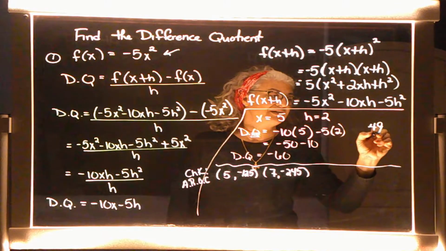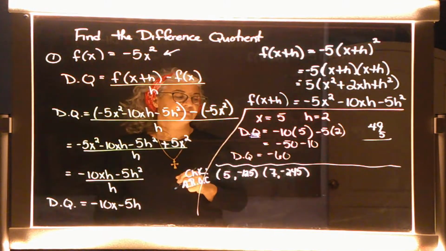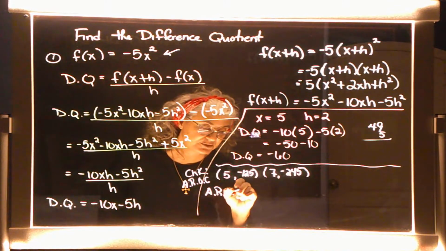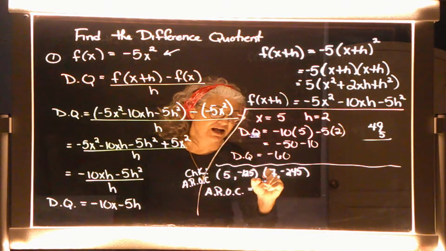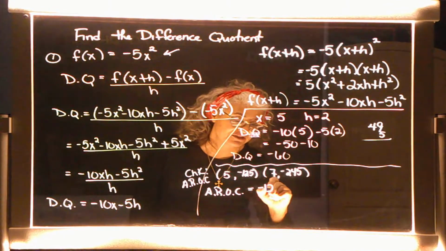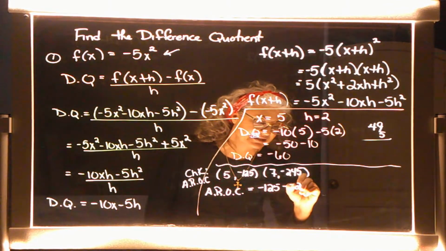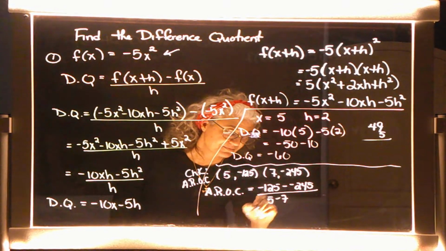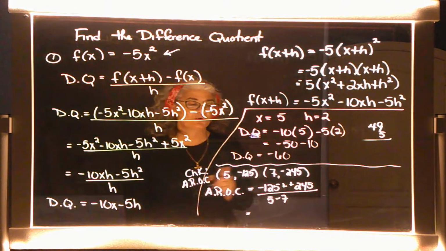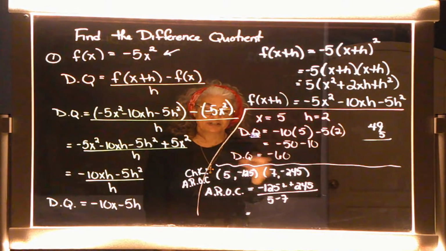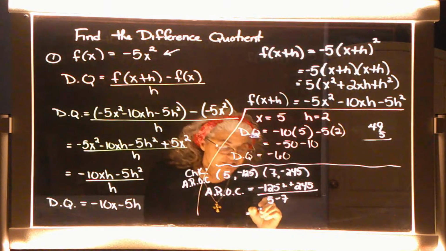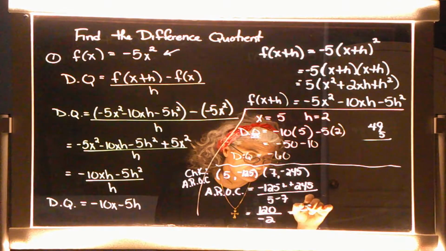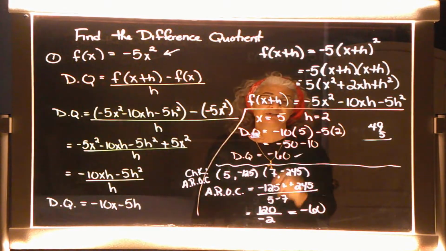Because that's 49 times 5, isn't it? Good. And if I was going to find the average rate of change between these 2 points, I would take the difference of the y's over the difference of the x's. So what do you get in the numerator? I heard you, 120. What do you get in the denominator? Negative 2. So we get negative 60, which is exactly what we got here.